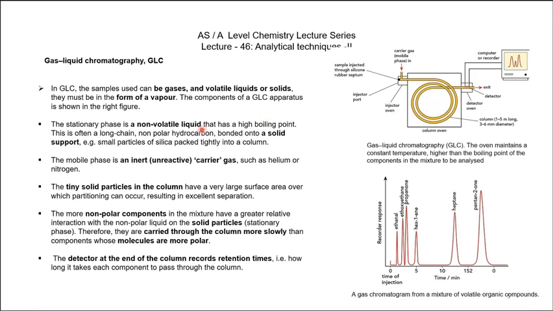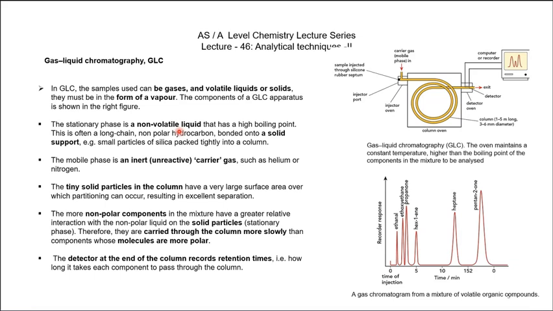So what we say is that we can introduce a sample like gases, volatile liquids or solids, and then it transforms into vapor, in the gas liquid apparatus. So I talked about it. The stationary phase is a non-volatile liquid, which has a high boiling point. What are those liquids?